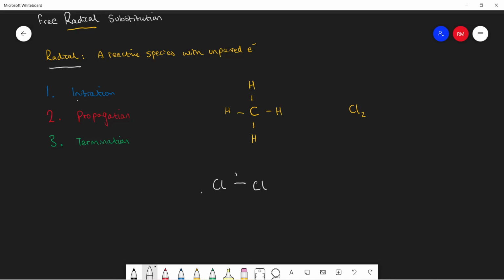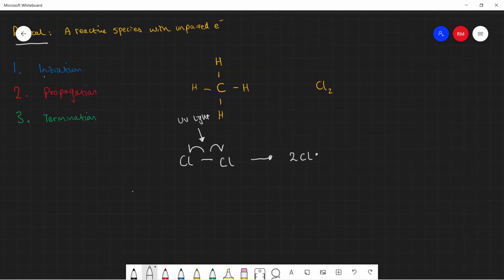So obviously we're going to have some homolytic fission. There's some UV light coming down here, and it's breaking this covalent bond, and we're going to have homolytic fission, and this is going to form two chlorine radicals here. Now what's going to happen with these radicals?